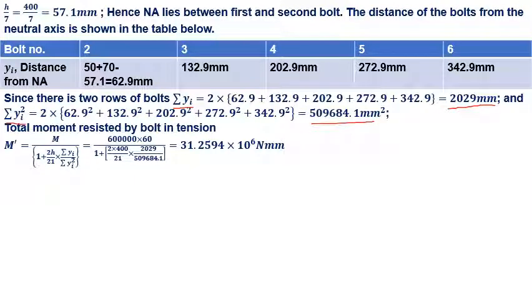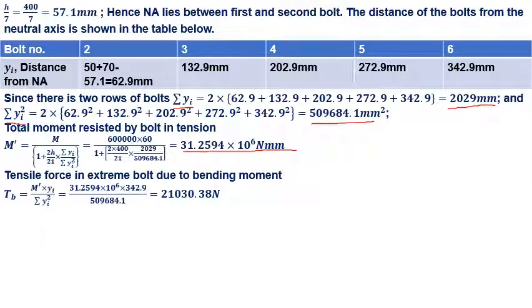Total moment resisted by the bolts in tension, M dash, is M upon 1 plus 2h upon 21 multiplied by summation of yi upon summation of yi square, that is 31.2594 into 10 raised to power 6 Newton mm.